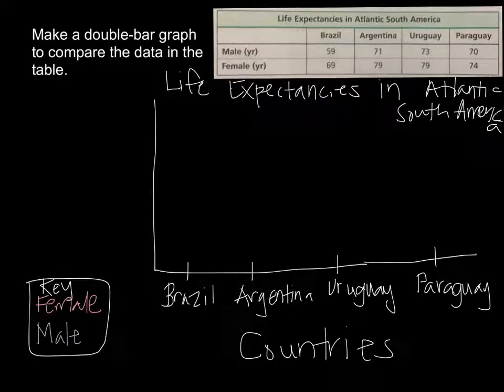Double bar graph. Okay, so one thing we can do, because we see we're not going to have anything, you guys, from 0 until 59, it looks like. 59 is the lowest. So one thing we can do is we can put a break in our line. So then I could jump up all the way and go to 50.